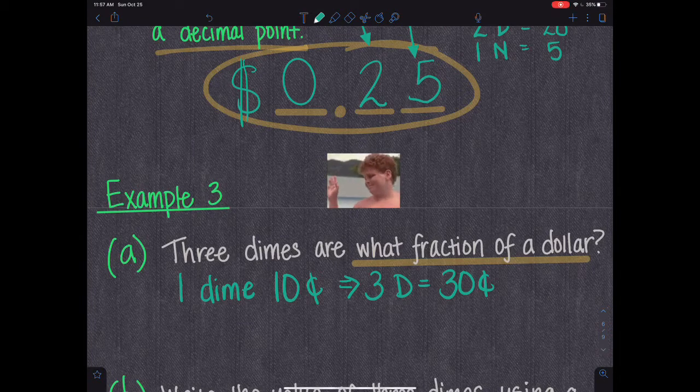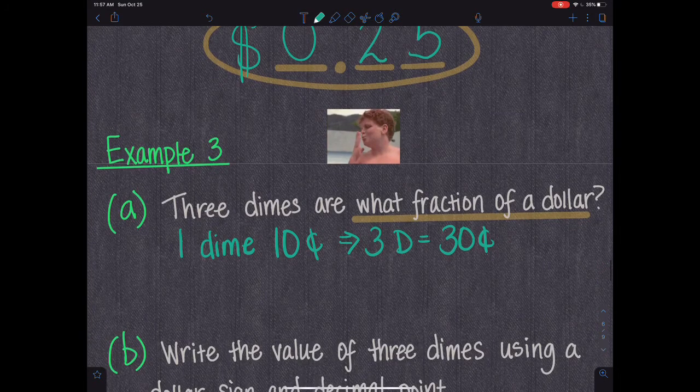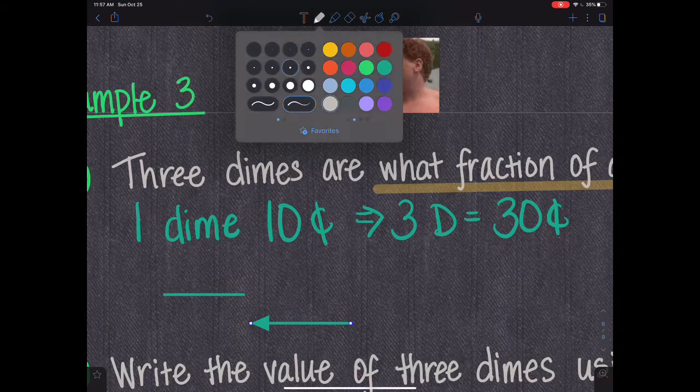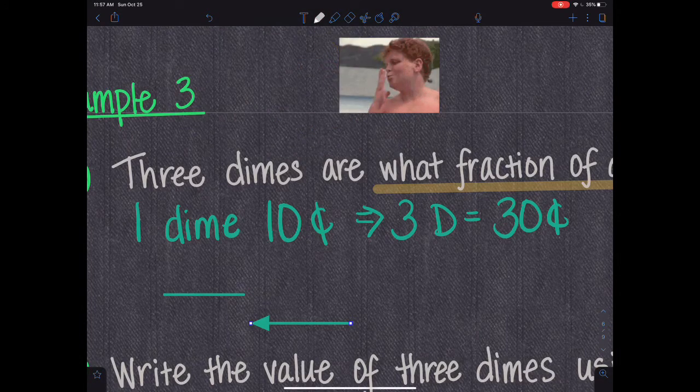Okay, and there's 100 cents in $1. Well, here's another way to say it. How many dimes go in $1? If we're writing a fraction, for the denominator right here, I want to write how many dimes go in $1. And if 1 dime is 10 cents, if you count by tens, how many times does that go in $1?